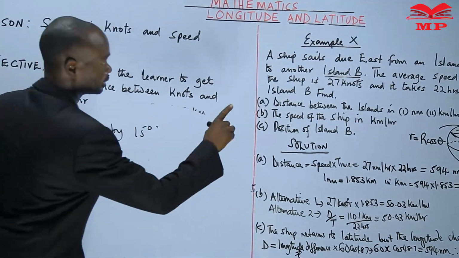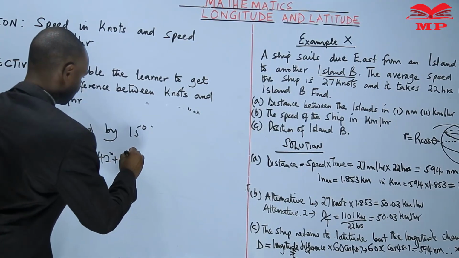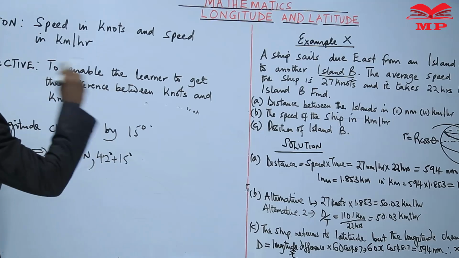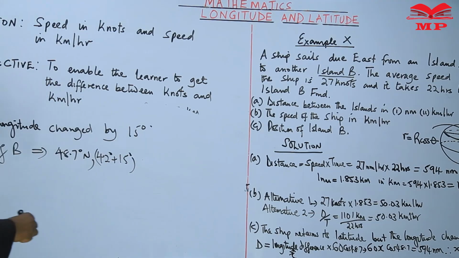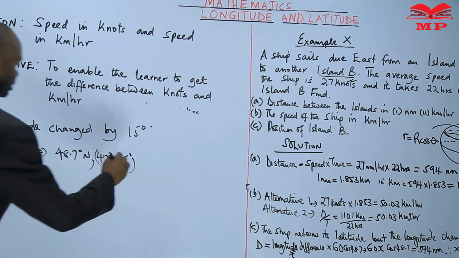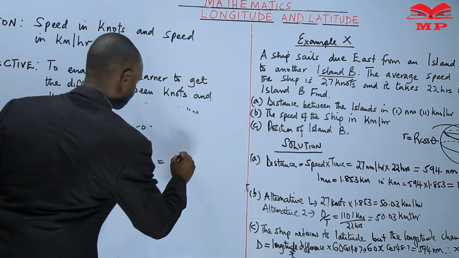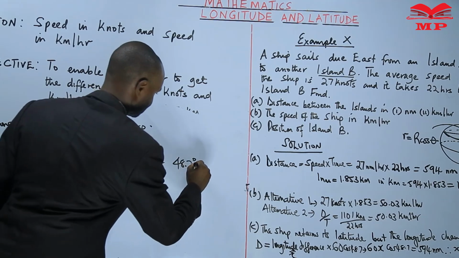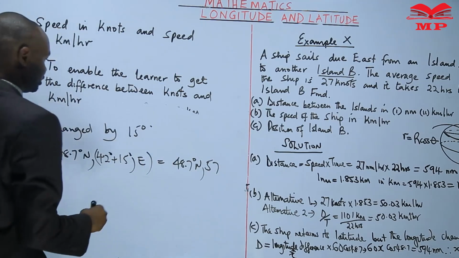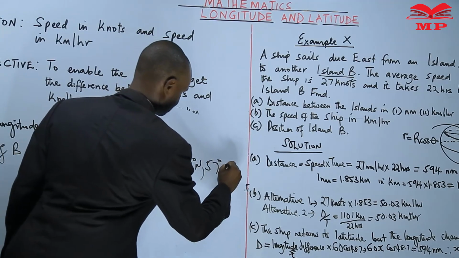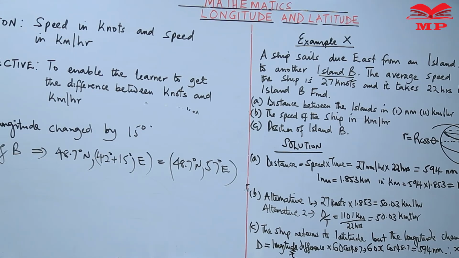Then you take 42 degrees plus 15 degrees because it was sailing to the east. So it will give you the new position as 48.7 degrees north and 57 degrees east. That is the position of B.